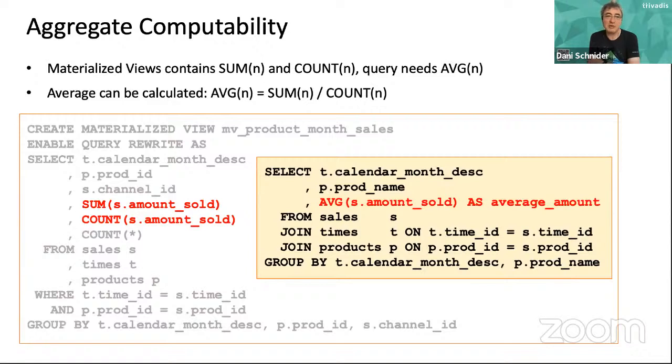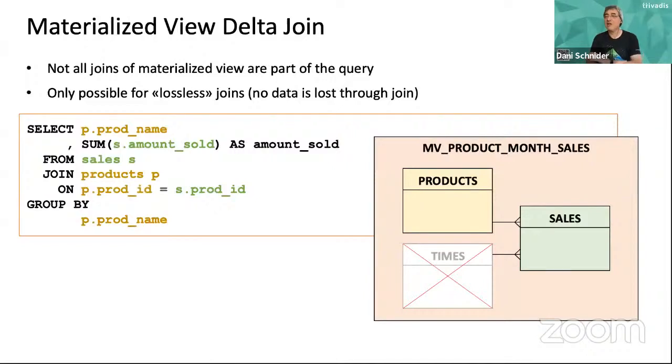And as you probably know or learned in school, the average is the sum divided by the number of rows. So sum divided by count is average. And although the function average is not part of the materialized view, Oracle is able to calculate it on the fly from the existing functions that are available.